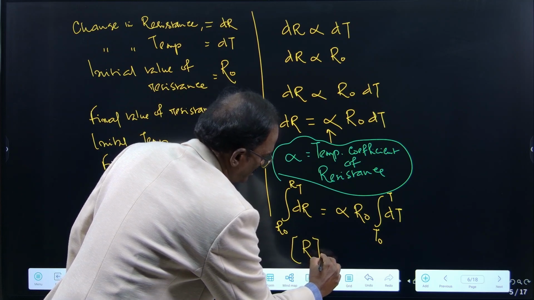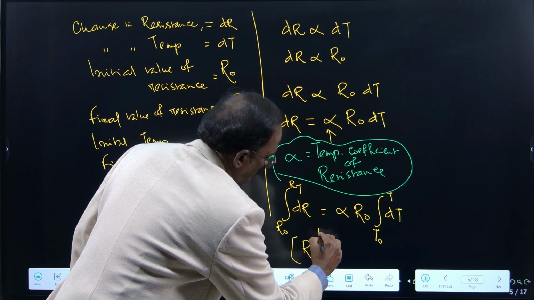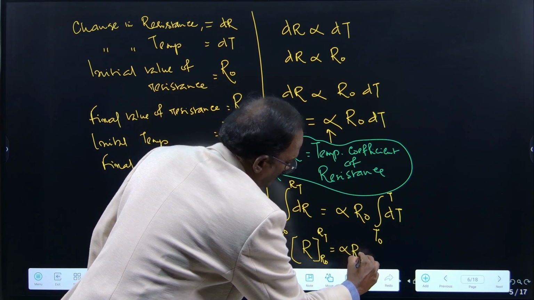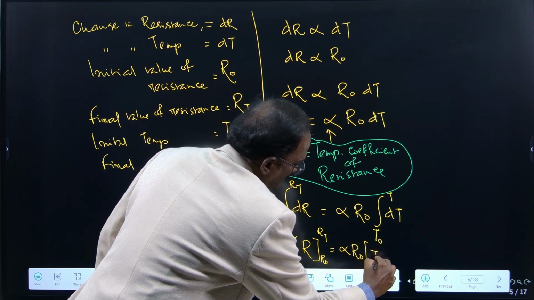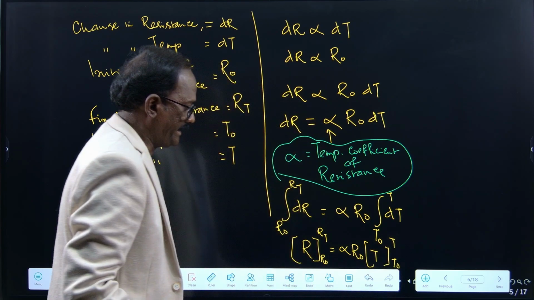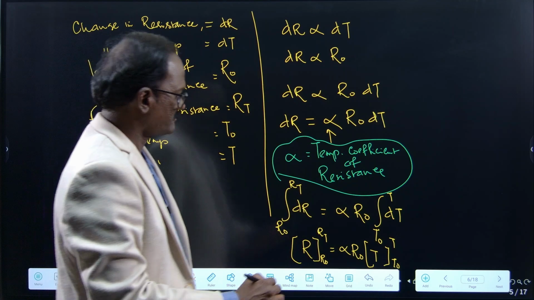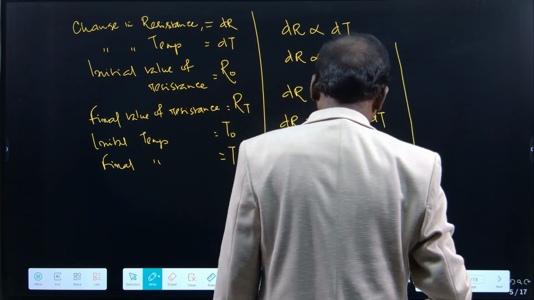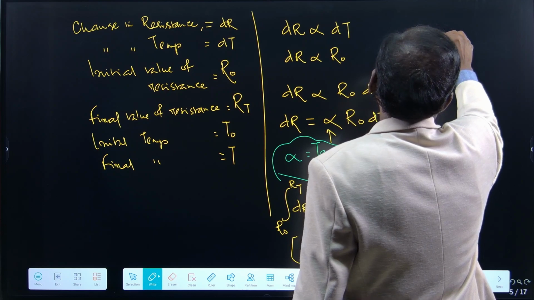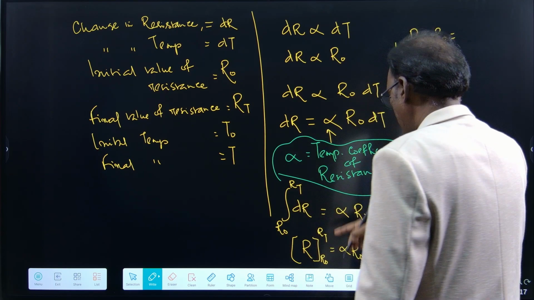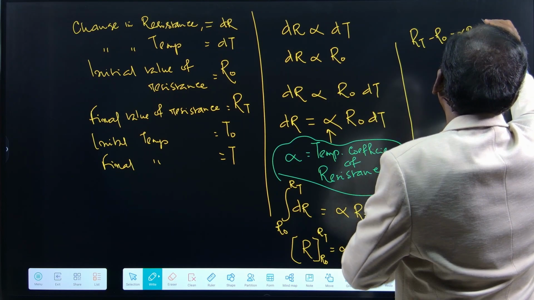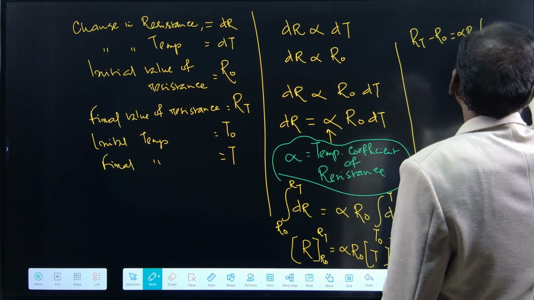So the limits are R0 to RT, equal to alpha R0 times the integral of dT, with limits T0 to T. Then putting the limits, RT minus R0 is equal to alpha R0 times T minus T0.